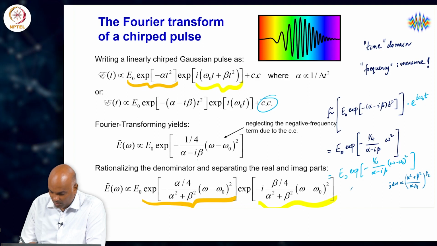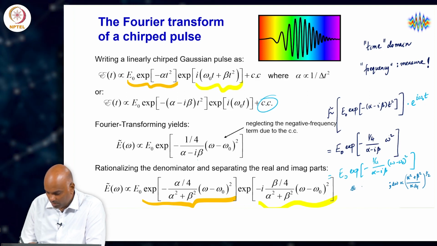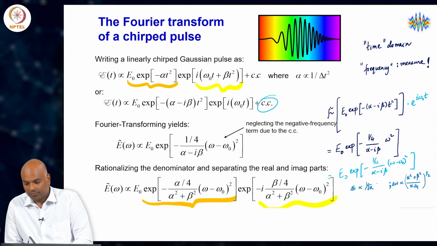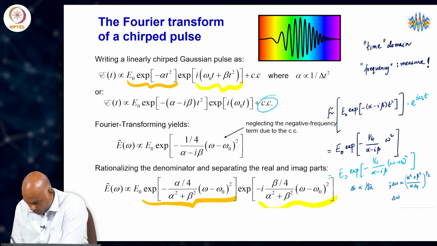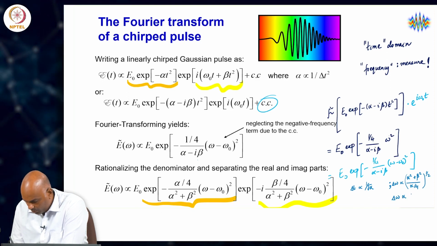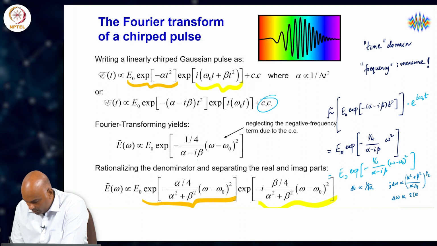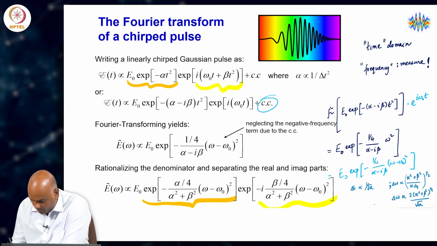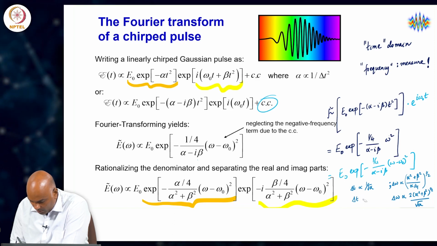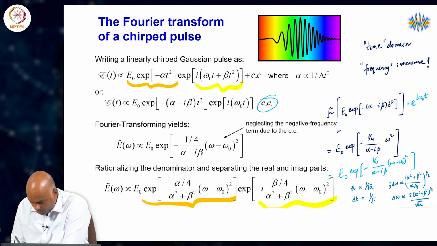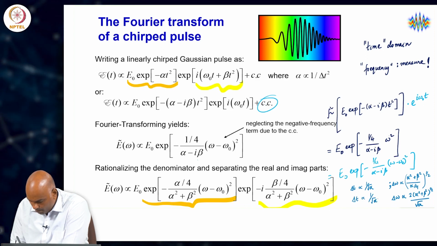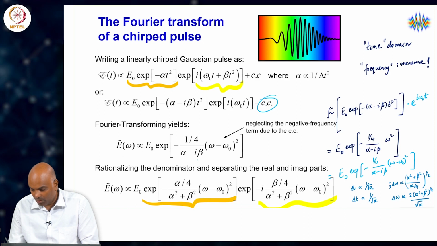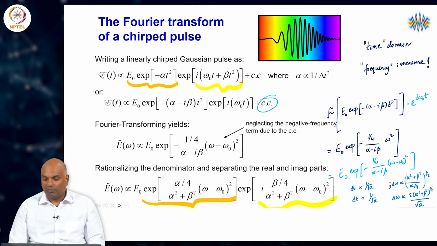Let me neat this out. So delta omega is proportional to the numerator, the square root of alpha square plus beta square, divided by the square root of alpha, that is, delta t is proportional to the square root of alpha.